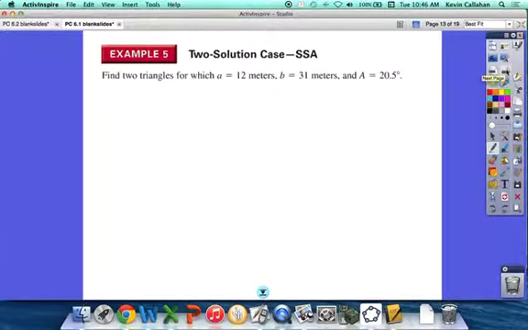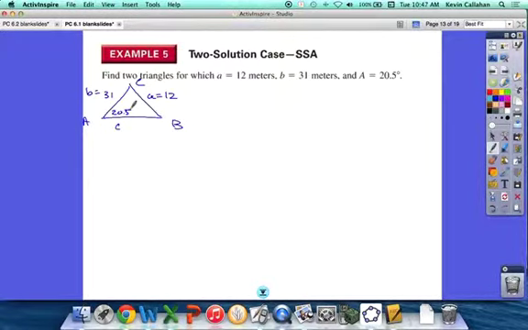So let's see what that looks like when you solve it. So draw my triangle. Probably need two slides for this. A, B, C. A is 12. B is 31. Angle A is 20.5.